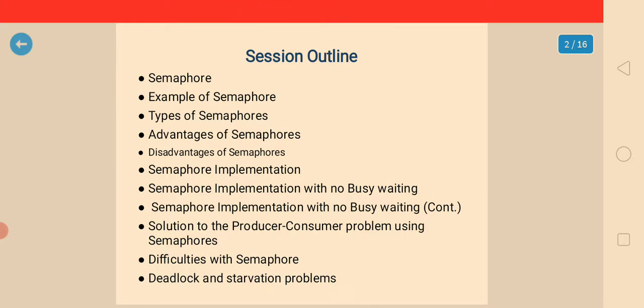In this session we are going to study what a semaphore is, examples of semaphores, types of semaphores, advantages of semaphores, disadvantages of semaphores, semaphore implementation, semaphore implementation with no busy waiting, again a continuation, the solution to the producer consumer problem using semaphores, difficulties with semaphores, and the deadlock and starvation problem in semaphores.